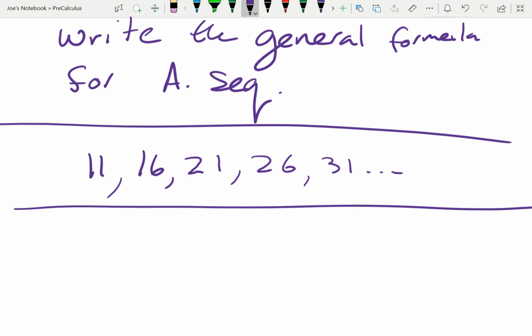Now, I'm going to teach you the easy way first, and then I'm going to teach you the following-the-formula way, right? So we said that we went up by 5, up by 5, up by 5, up by 5. So what's my difference? 5. That would also be known in Algebra 1 as what?